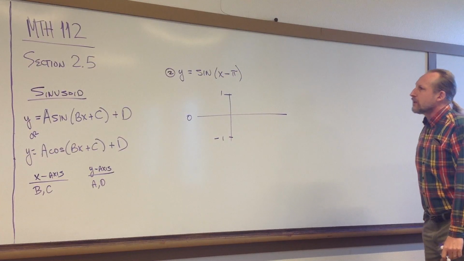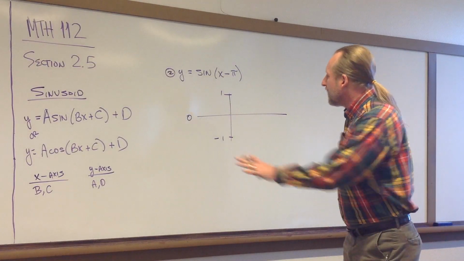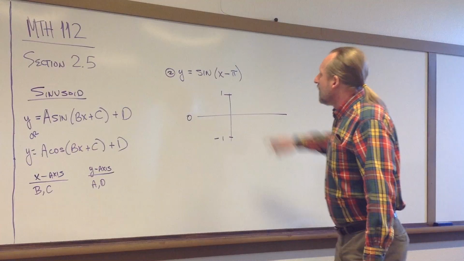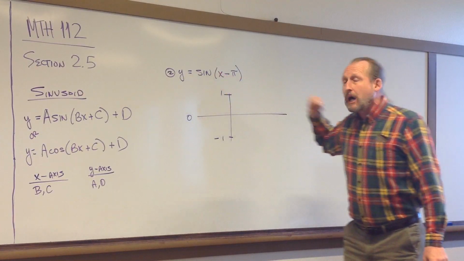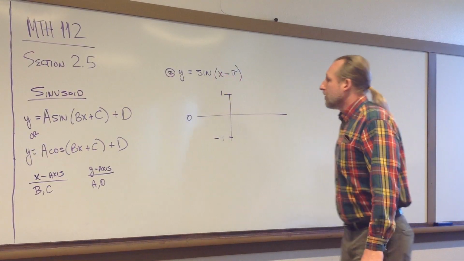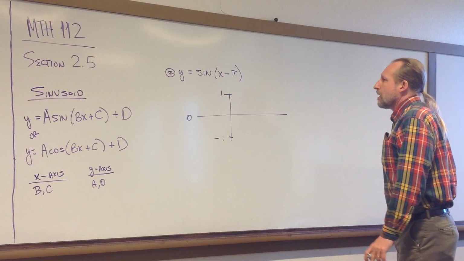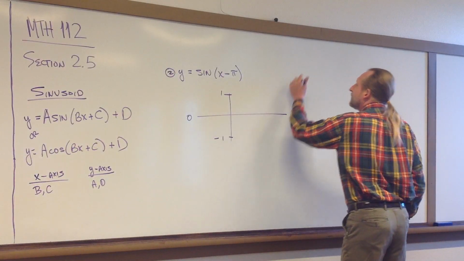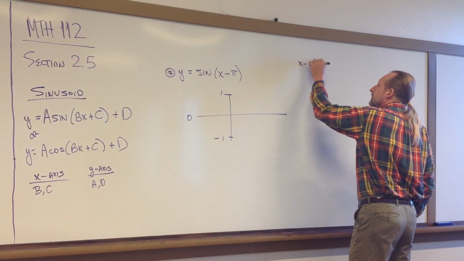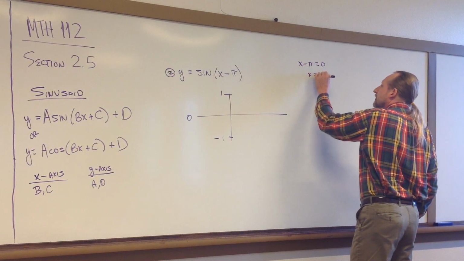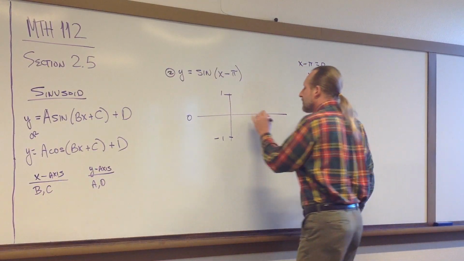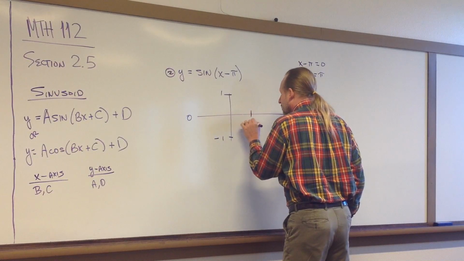All right, so now what about the x-axis? Well, the period will be 2 pi because b equals 1. But we're going to have a shift here. x minus pi, if we set that equal to 0, that's pretty straightforward. This is going to be shifted out to start at pi.